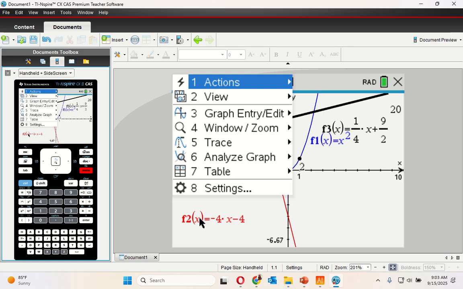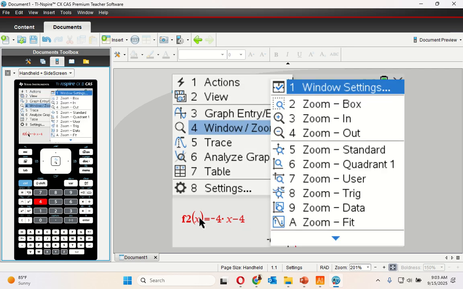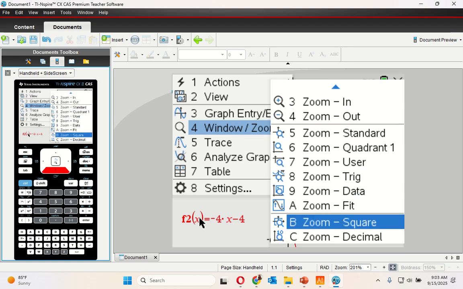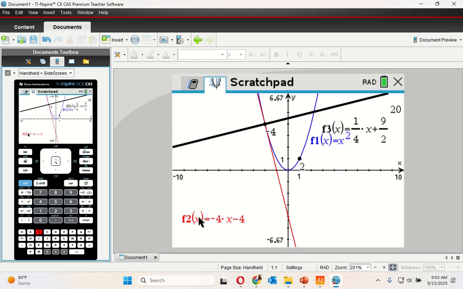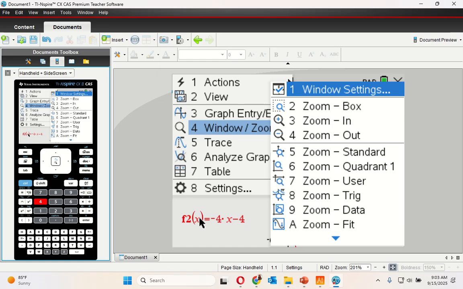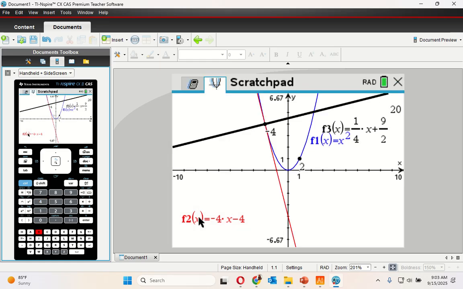So menu, 4, and there was an option for square. There you go. Did I not click on it? I guess I didn't click on it.